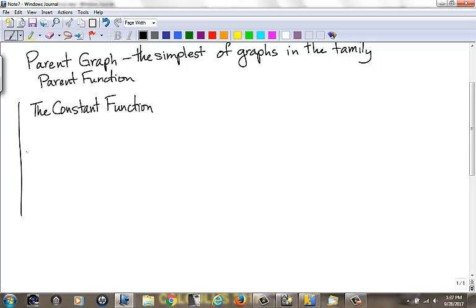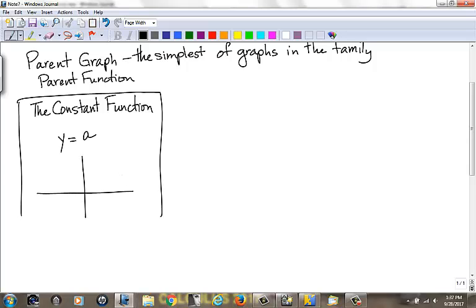So the constant function is like y equals a, where a represents a number. If I said y equals 3, in the graph it would be a horizontal line. Any y equals a number is going to be a horizontal line.